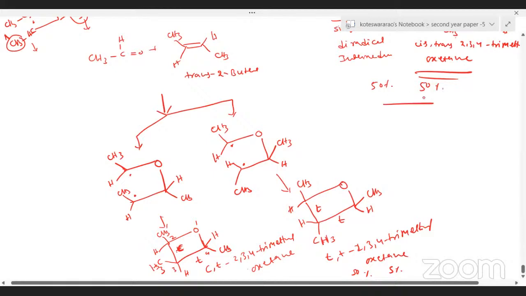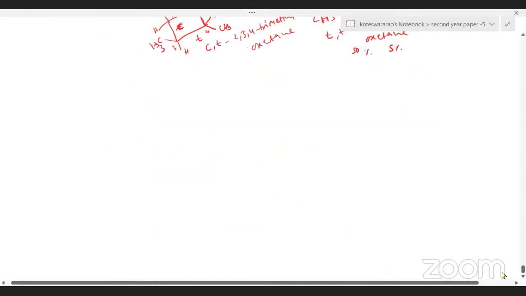Therefore, whenever the same reaction is conducted with benzaldehyde, suppose benzaldehyde instead of acetaldehyde is reacting with the mixture of cis and trans 2-butene, four products are generated. What are the four products?